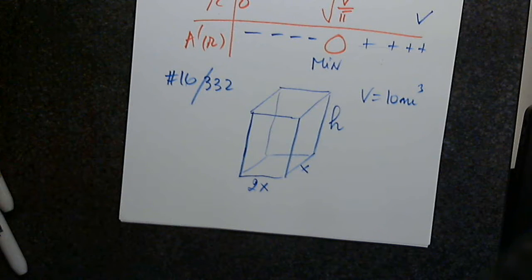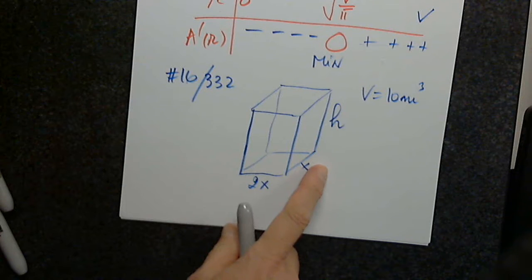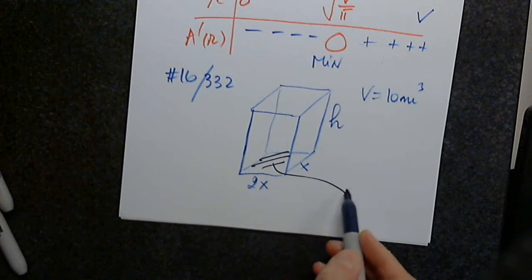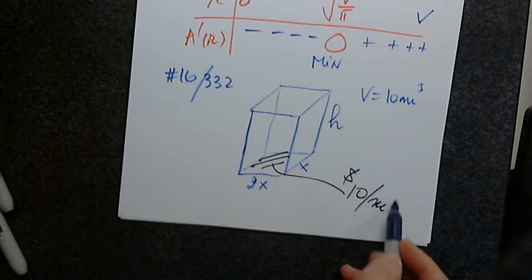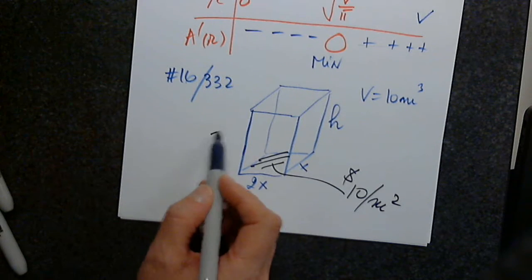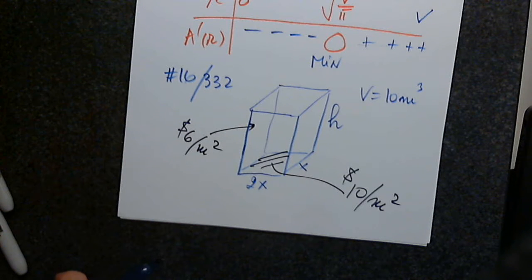Open top, the length of the base is twice the width. Material for the base costs $10 per square meter. So for this, $10 per square meter. Material for the sides costs $6 per square meter. Find the cost of materials for the cheapest such container.